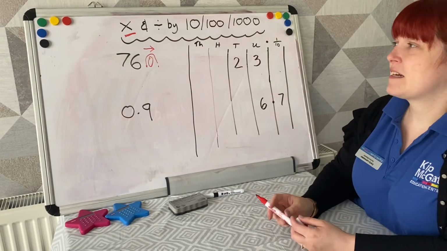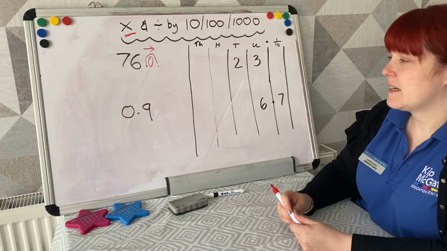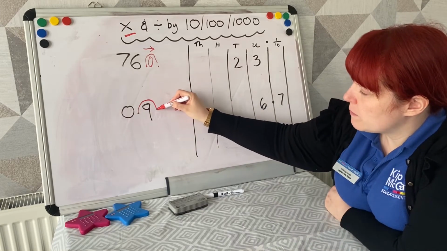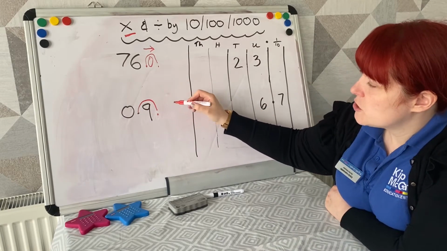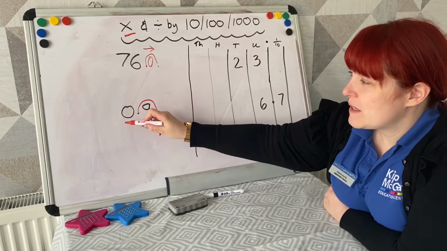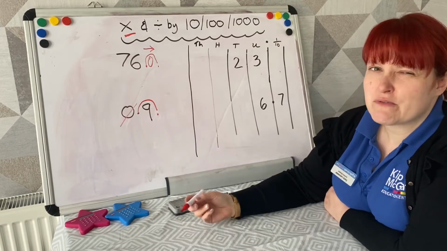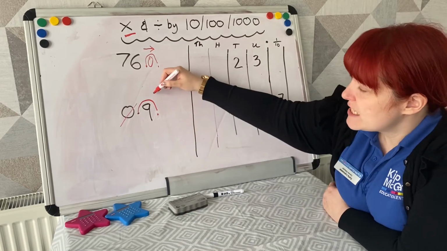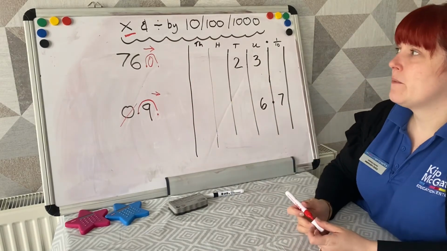So when we've times by 10, we get 760. Again, if I was timesing this one by 10, decimal point is moving one place this way to here. So we've got 9. We would explain that we don't need that 0 anymore because we don't write 0, 9, we would just write 9. So timesing on this method, our numbers are going that way.